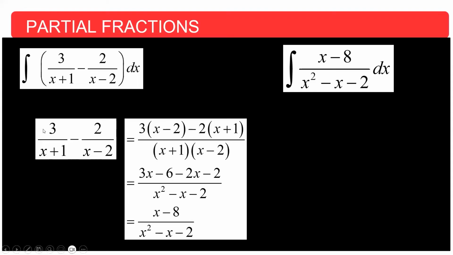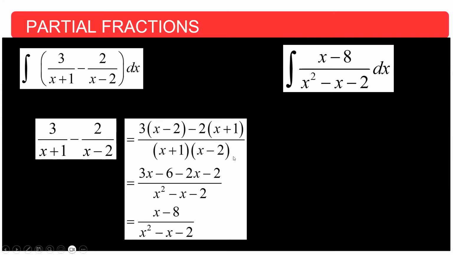So when you combine, that's going to be 3 times x minus 2 minus 2 times x plus 1. And then upon distribution, you can simplify it, and eventually you'll end up with x minus 8 all over x squared minus x minus 2. So that means this one here is actually the same as what I am integrating on the right.